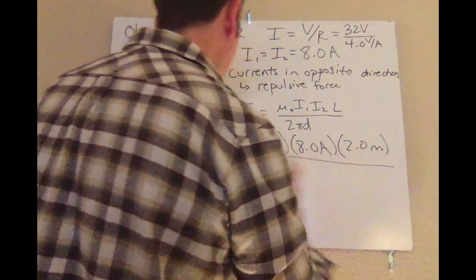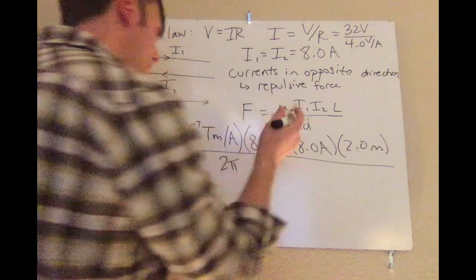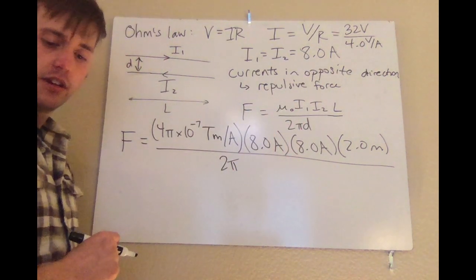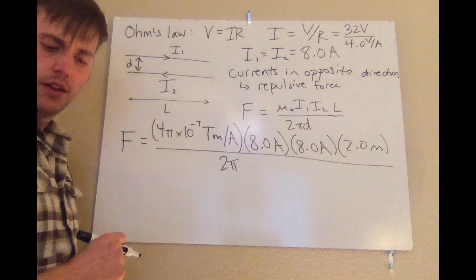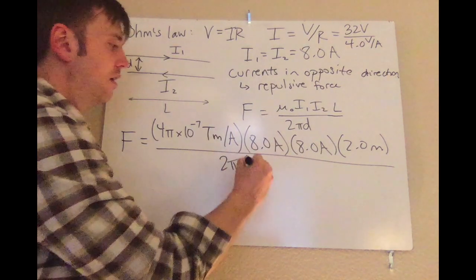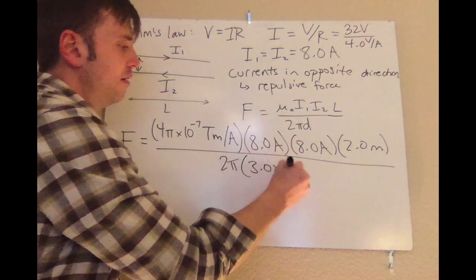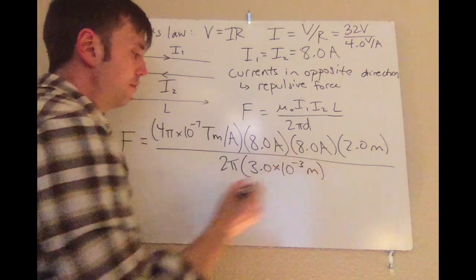Divide that by 2 pi times the distance. The distance here is 3 millimeters, so we've got 3.0 times 10 to the minus 3 meters.